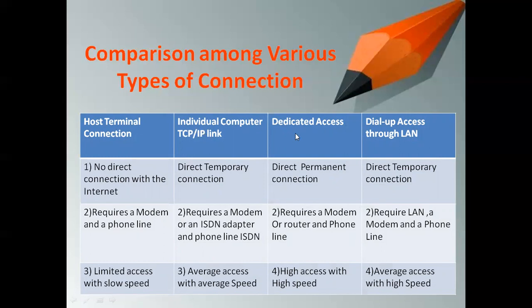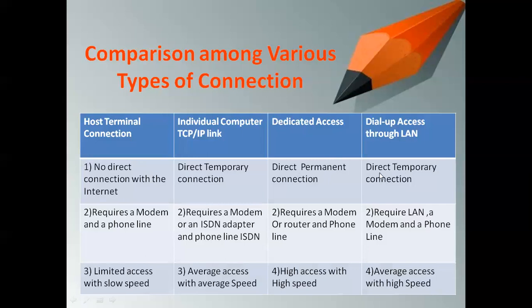Dedicated access is a direct connection as well as a permanent connection. And this one is a direct connection through LAN, but a temporary connection. So the first one is indirect, the second is direct, the broadband is direct, and dial-up is also direct. This is temporary, this is permanent, and this is again a temporary connection.